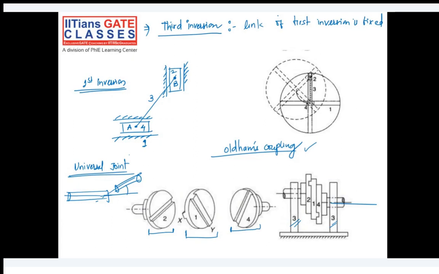So I'll open a different presentation now, because whatever we have studied till now is just a background for the first point in your syllabus, that is displacement, velocity, acceleration, analysis of the mechanisms. Okay, so analysis of the plane mechanism is the topic.